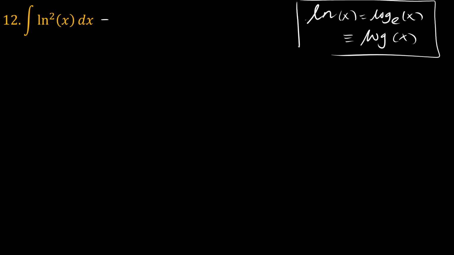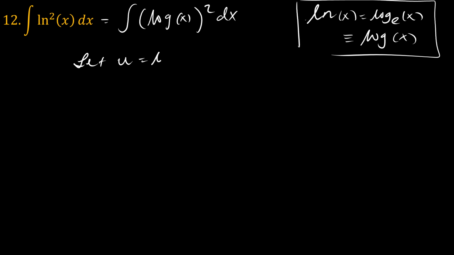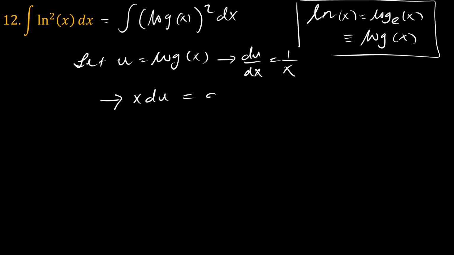So this problem can be expressed as the integral of open big brackets log of x squared, so that we can say let u be equal to log of x. And that means that du dx is equal to 1 over x, implying that x du is equal to dx, and from here e to the u is equal to x.